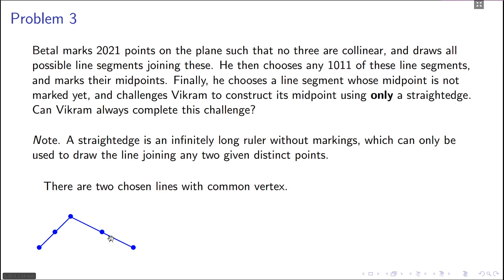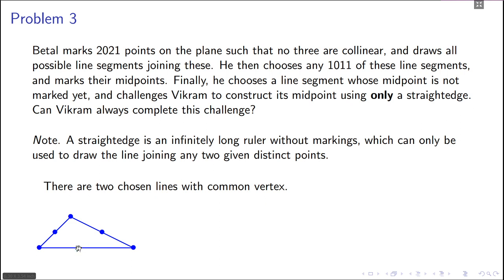So basically you have to choose this, and from this you have to start your construction. So first thing you can do is you join this, and the thing is, can you find the midpoint of this one?